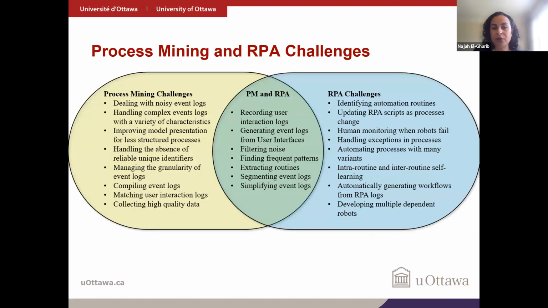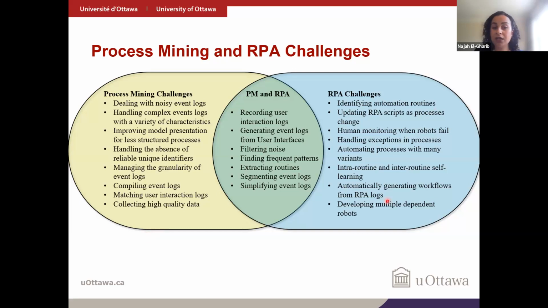If we look a little deeper into those challenges, we find that the process mining challenges include a lot of noise handling and dealing with complex event logs. If I'm getting event logs from 10 different source systems and putting them together into one data set, there is managing the granularity and compiling those event logs. Also the user interactions and collecting high quality data are considered upfront pre-processing challenges on the data.